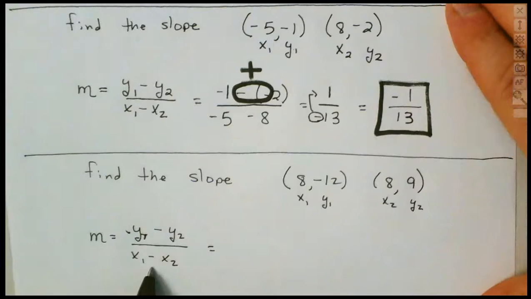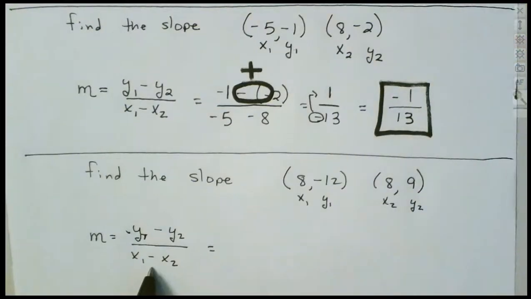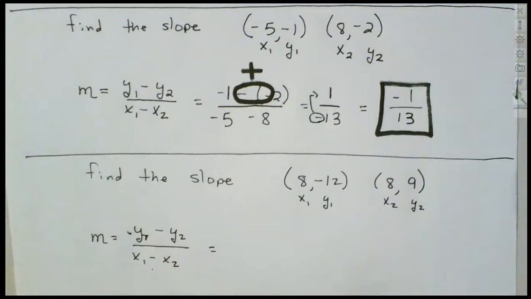What happens, though, if the 0 is down below? Well, if the 0 is down below, you can't divide a number by 0, so we call that undefined. So when we plug our values in, if we get a 0 down below, and we have a number divided by 0, that is not 0, that is called undefined. So let's plug our values in, see what we got, and talk about the result.